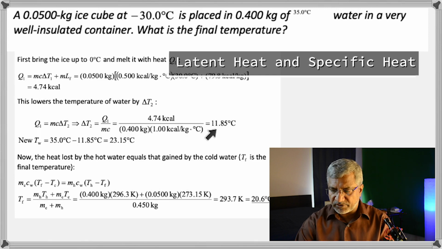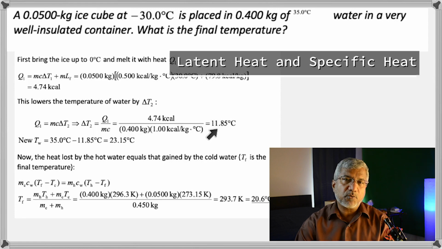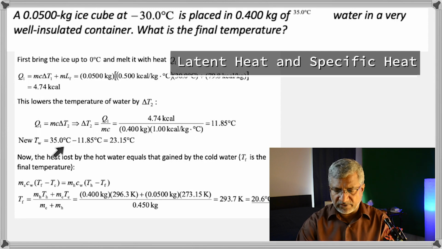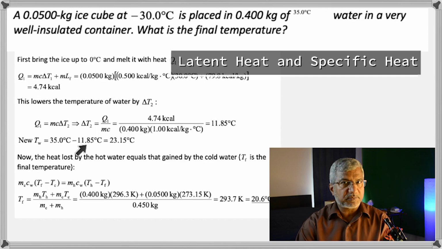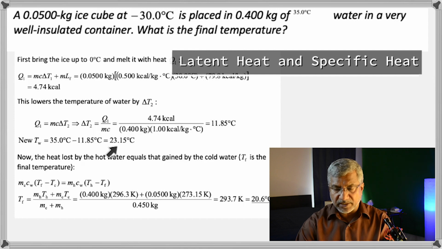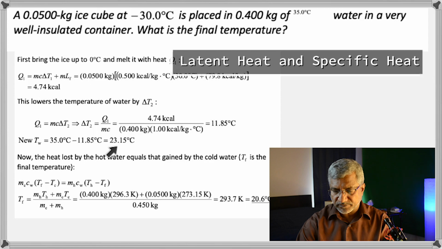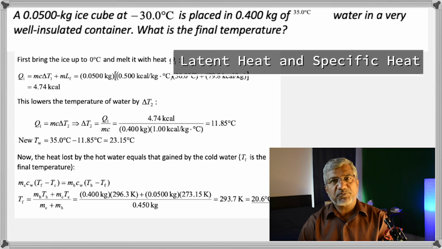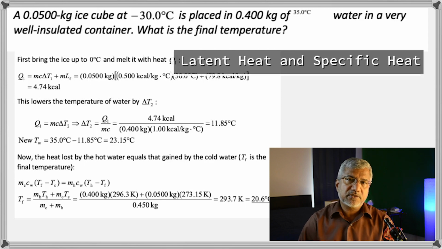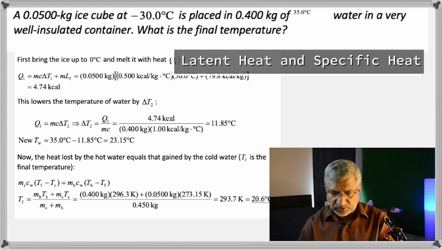And you get 11.85 degrees Celsius. So the water was at 35 to begin with. It's now lost that much temperature. That's the change in temperature. So the temperature now is 23.15 degrees Celsius. Now this is a tough problem on many accounts. So the water has now reached 23.15 degrees Celsius.